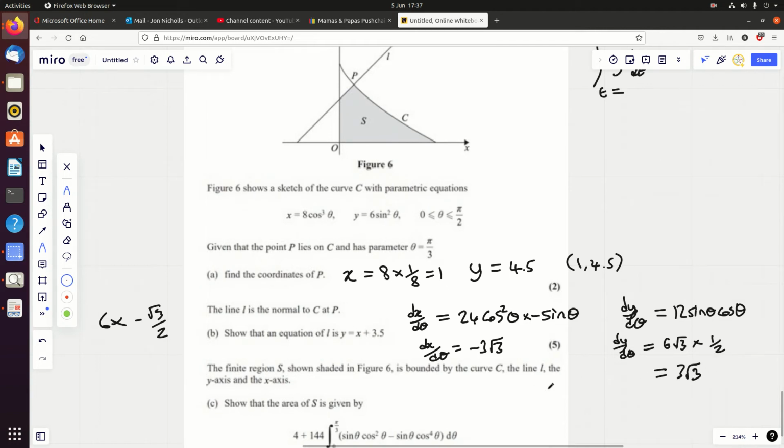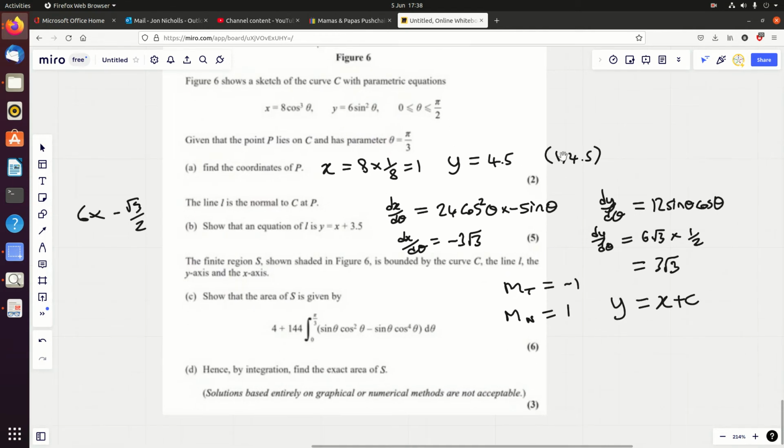So interestingly, the gradient of the tangent would be that divided by that, which would be minus 1, and therefore the gradient of the normal is 1. So we've got y equals x plus c. Now we just need to plug in a point on the line. The nice thing is we've got this point, 1, 4.5, and so we get 4.5 equals 1 plus c. So c is 3.5, and somewhat satisfyingly, we get y equals x plus 3.5 for part B.